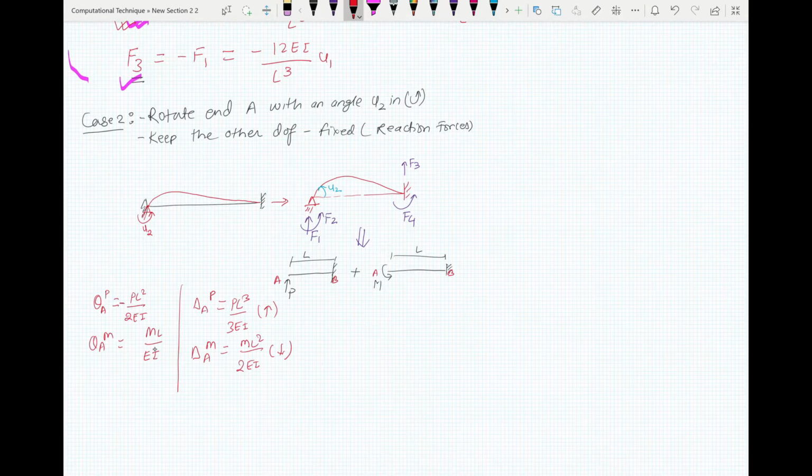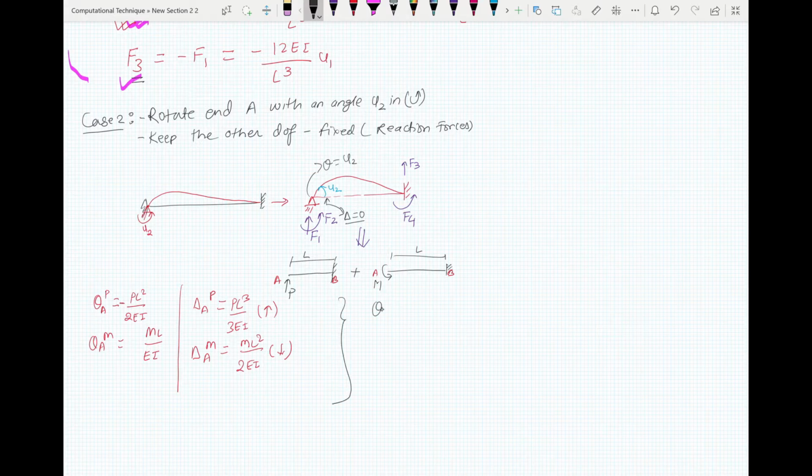Now in this case, you can see the boundary condition here that your delta, or you can say your u1, equals 0, but your theta equals u2.